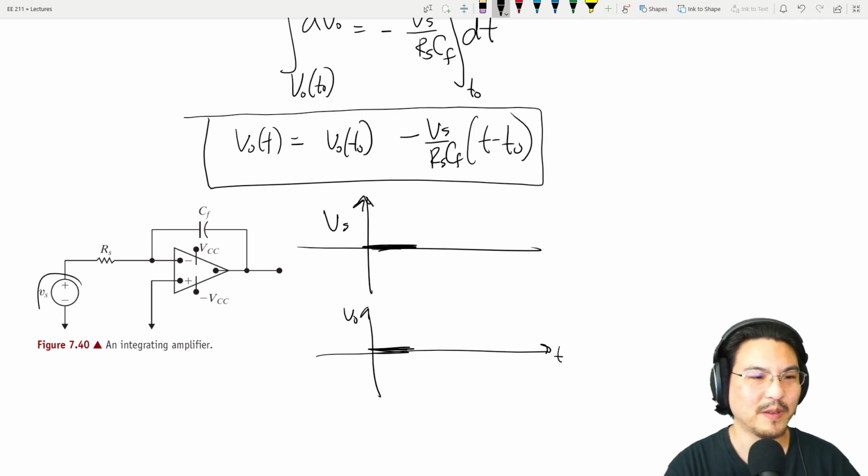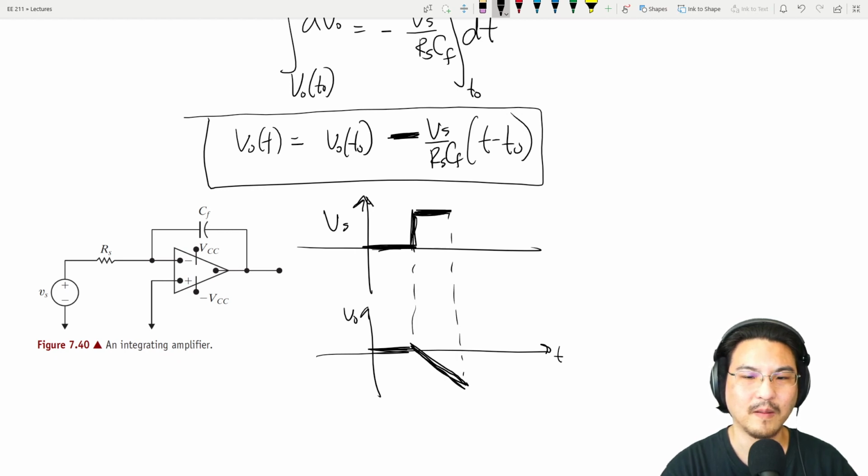But now if we give it some kind of positive voltage, what would happen on the output? Right, if this is positive, then there's the minus sign, and then all of this. So it'll be proportional to something like this. Right, and then if we go back down to 0, then what will happen?